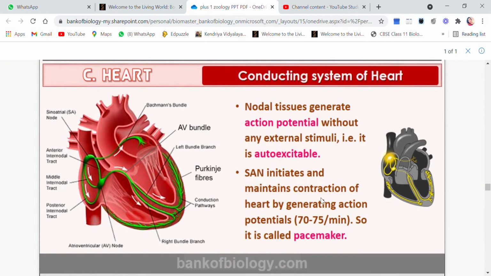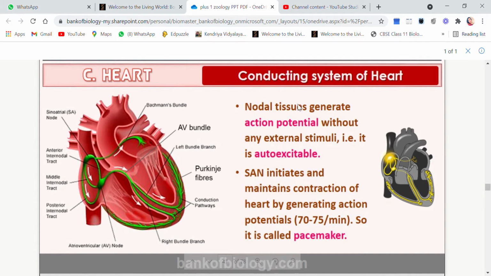Now, nodal tissues are responsible for generating action potential. Now, who will tell the heart to contract or relax? Of course, they also need some instruction. So, who will provide this instruction to the heart that you have to contract now or you have to relax now?